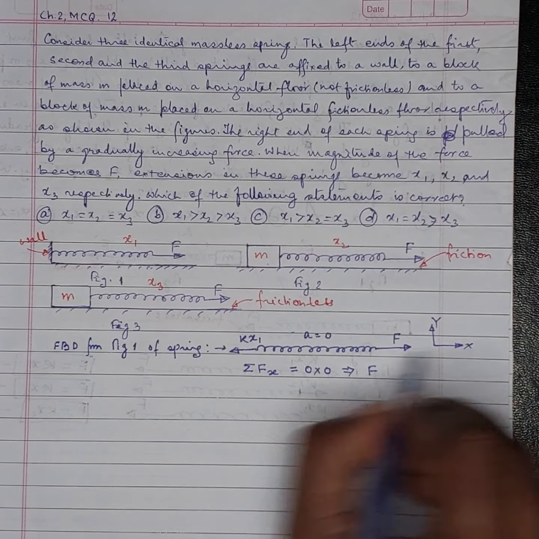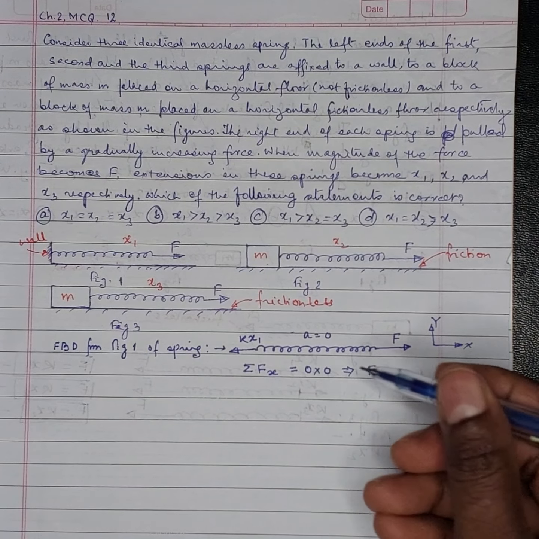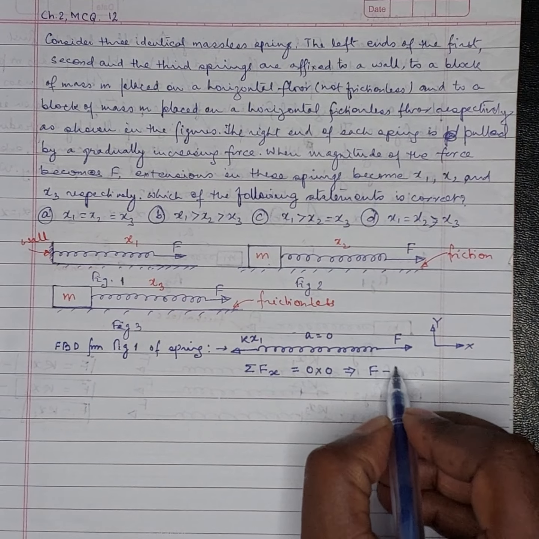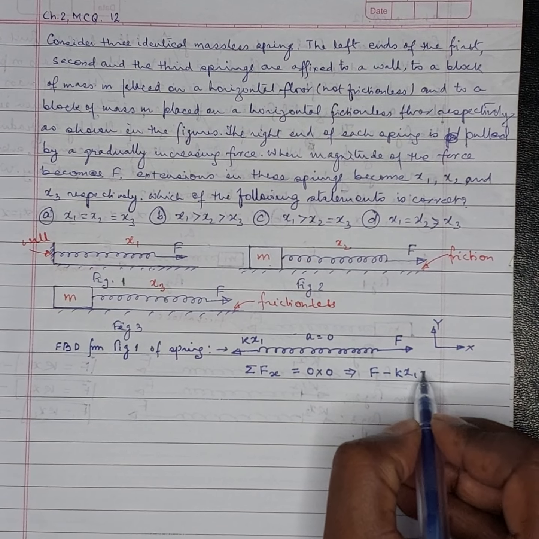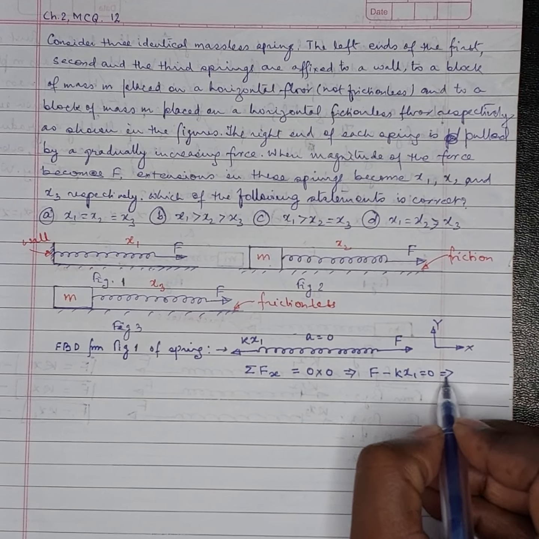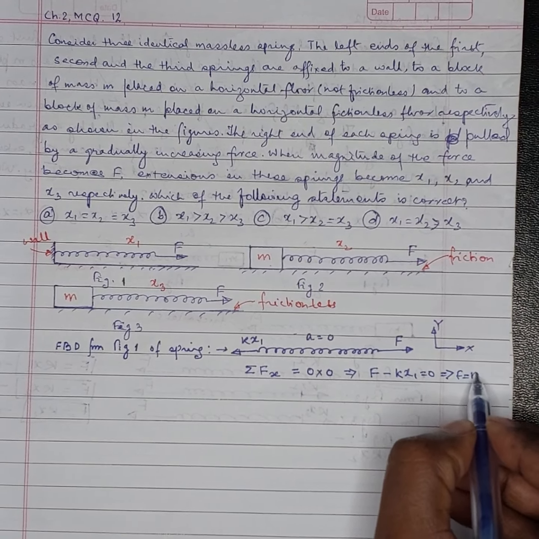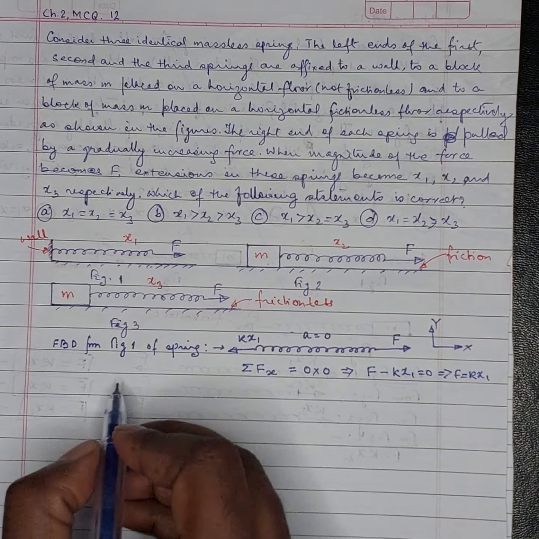This is F in the positive x direction, kx1 is acting in the negative x direction, so this will become 0. So F is equal to kx1.